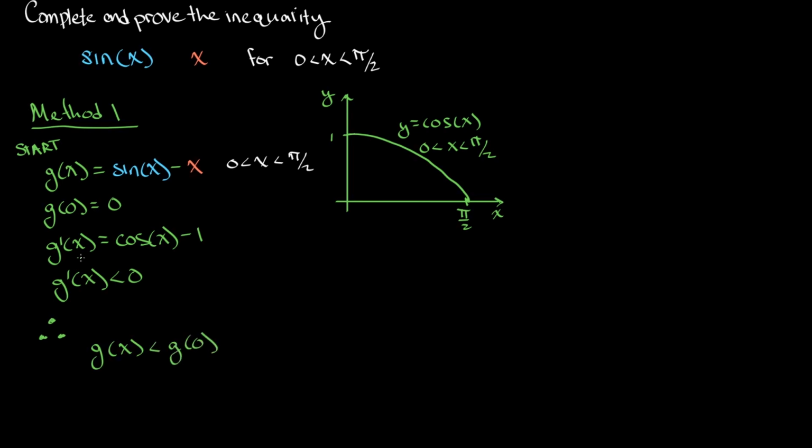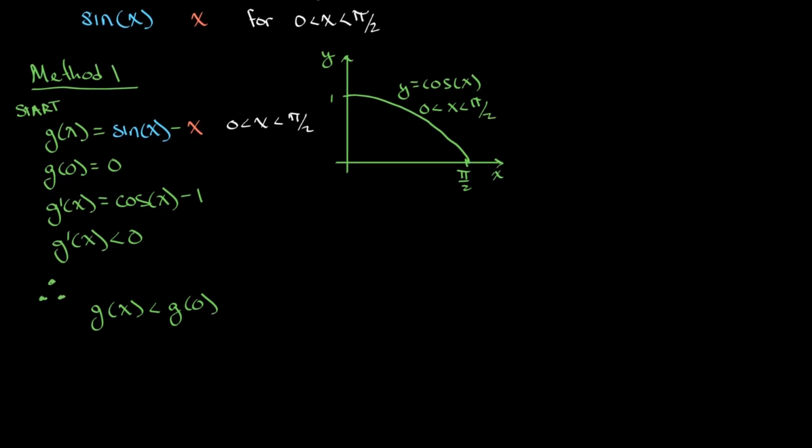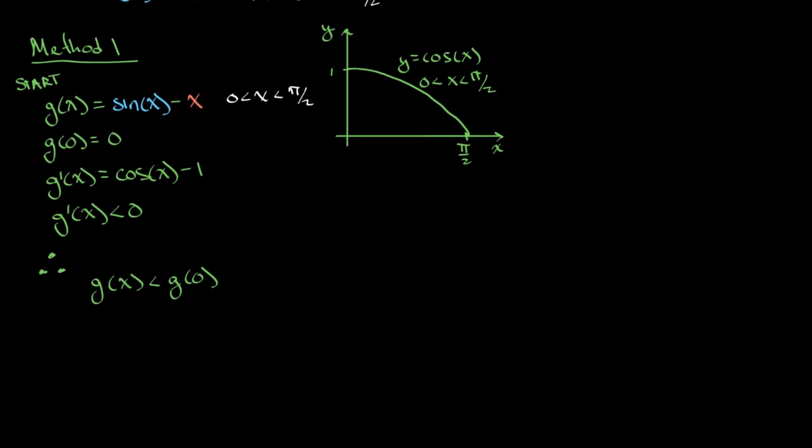So then all we need to do is backfill in our information. So let's do that. We find the following. We have sine of x minus x is going to be less than g of 0. And g of 0 we found to be 0. And again, that's for our interval.